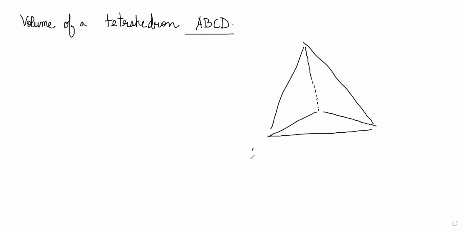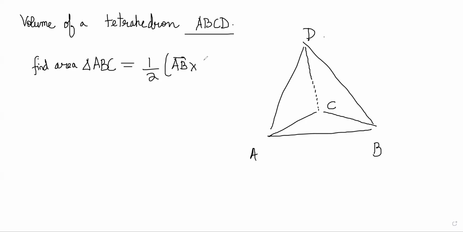So you can label it like this: A, B, and this thing is into the plane here, C, and this top one is D, right? So the way to find the volume of a tetrahedron is technically the same method as before. Find the area of triangle ABC. That should be half of AB vector cross AC vector, right?